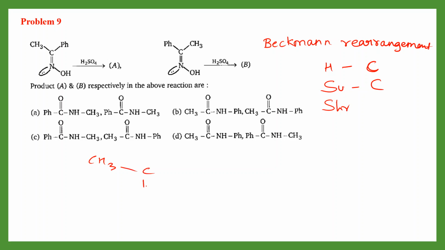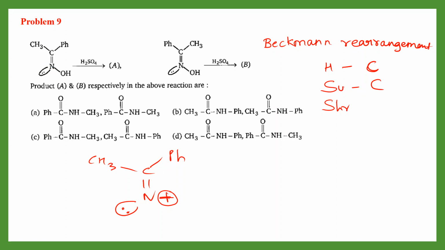CH3 C double bond N. I am writing in the most simplified way. But see, this positive charge does not get formed. This is instantaneous. You are getting my point, right? Simultaneously, this group leaves, and whatever migrating group is going to come onto this nitrogen will come as this leaves.